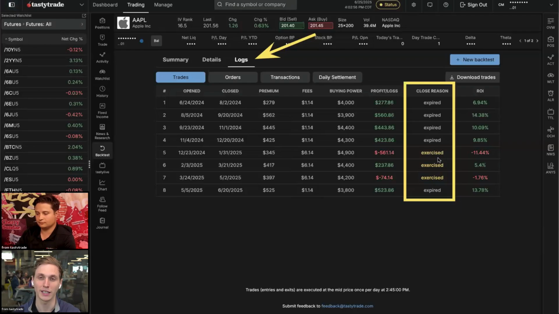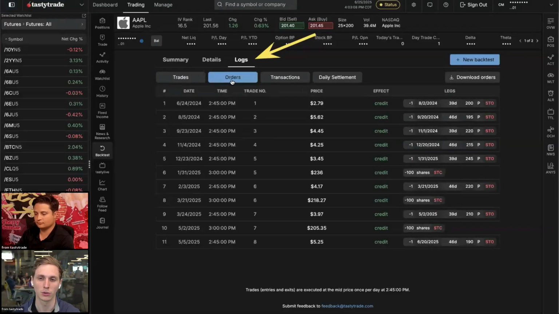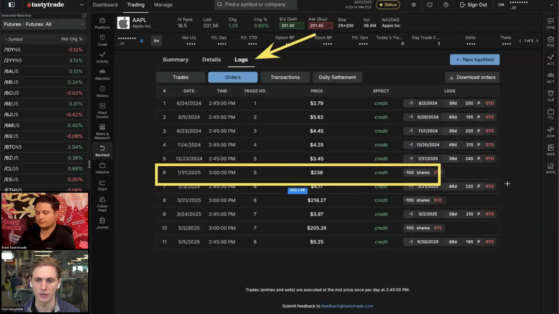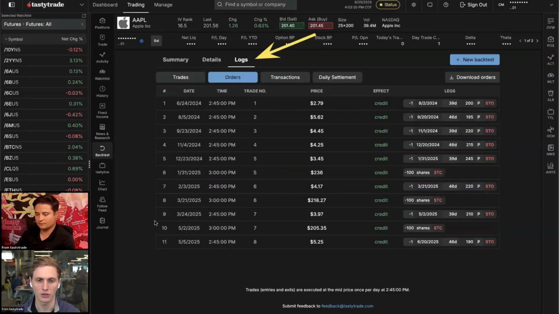And when it is exercised or assigned, in this case, it's also going to include the transactions of closing the assigned stock. So if we go to our next page here under orders, we're going to start to see some of those transactions, where right here we can see where we had to close some stock, or also right here.